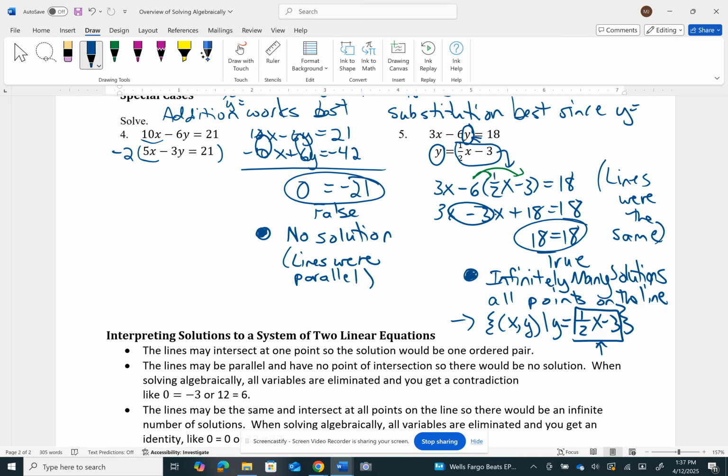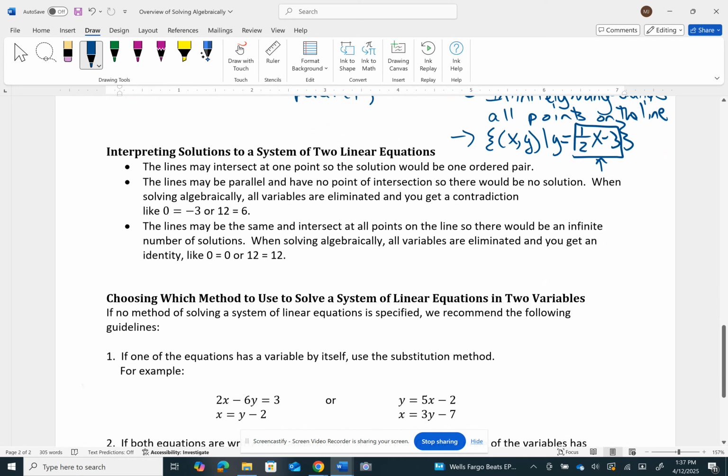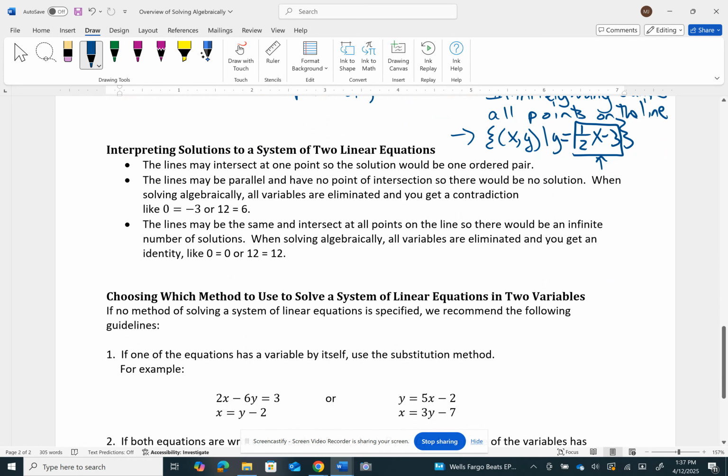All right, now just kind of summarizing what your plan should be. So we know that the lines could intersect. Most of the time we just assume that, and what we're doing is looking for that point of intersection, and that ordered pair would be your solution. The lines might be parallel. If they do, they have no point of intersection, so there's no solution.